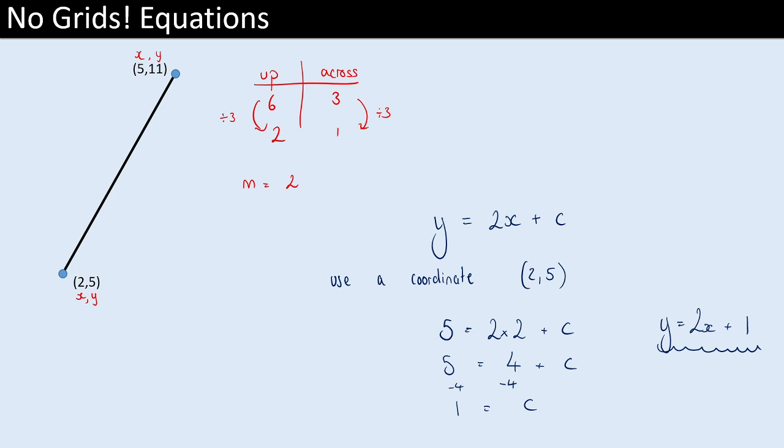Okay, so knowing what your gradient is, what your rate is, and any other point will help you figure out what your y-intercept will be, or what your starting value will be. Okay, so knowing those 2 bits of information is very, very helpful for establishing an equation.